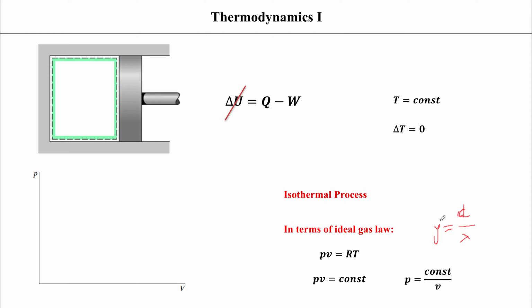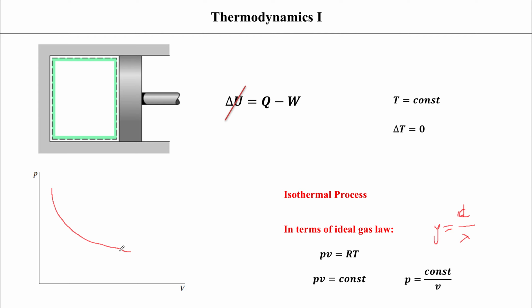And by mathematics, we know that an equation of the form y equals constant by x can basically be translated graphically into something like this. It's kind of straight, but don't worry about these here.